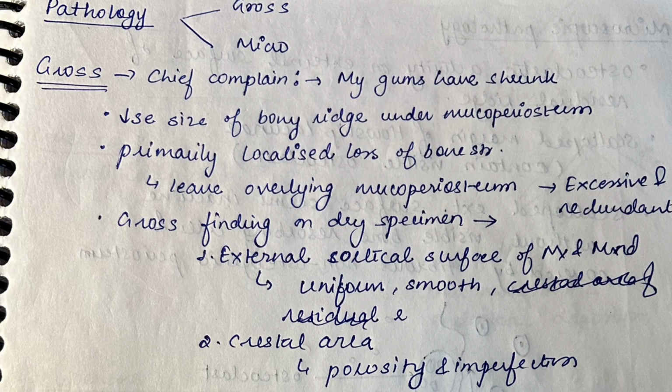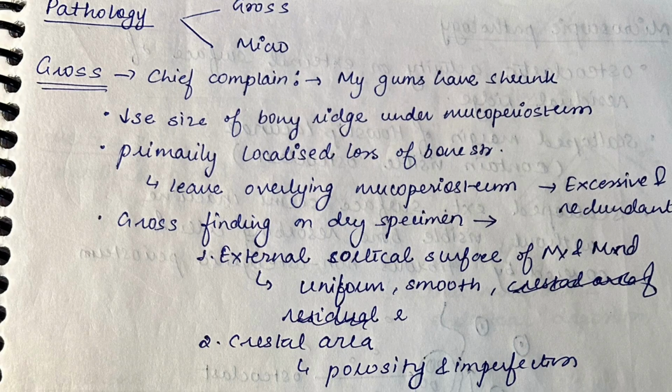The pathology of residual ridge resorption can be observed grossly or microscopically. Grossly, the patient will complain that his gums have shrunken, the size of the bony ridge has decreased under the mucoperiosteum. Gross finding on the dry specimen, which is left of the mandible or maxilla, will show external cortical resorption, which is uniform and smooth.